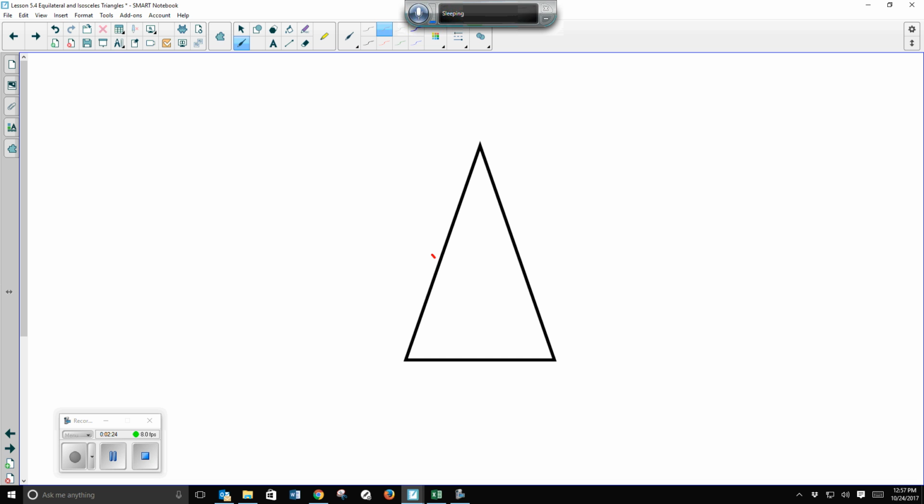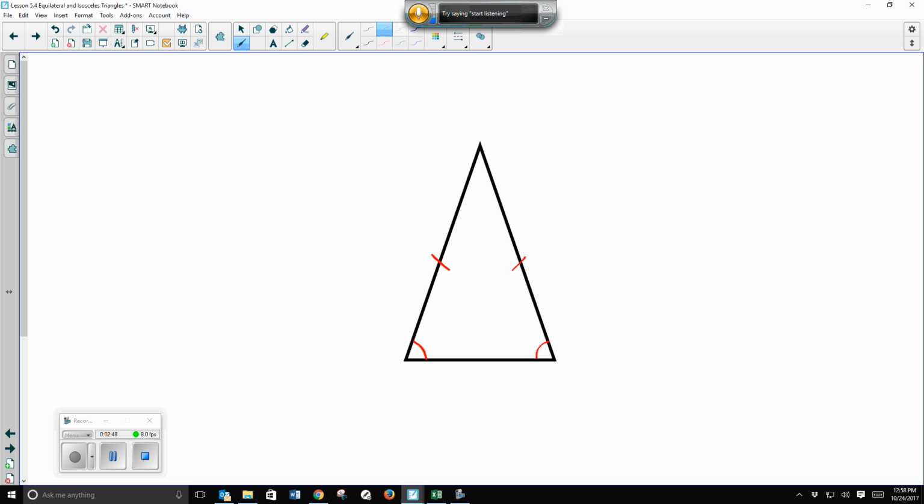One way is this, right? We know that already. If two sides of a triangle are congruent, it's an isosceles triangle. Well, that theorem says that if these two sides are congruent, the angles across from them are also congruent.